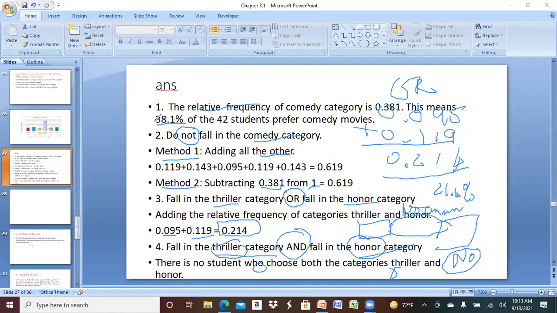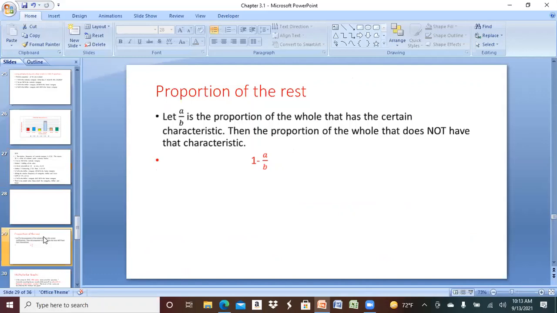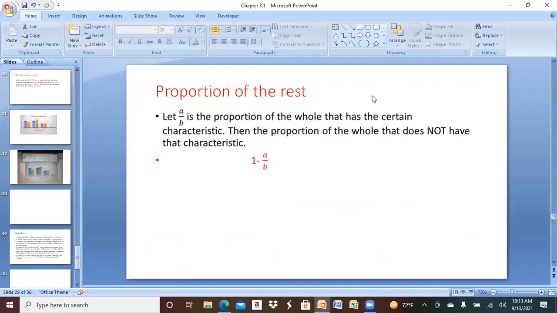Any question about this problem? Find the relative frequency. And now, when you find the relative frequency of the other, you just subtract from 1.